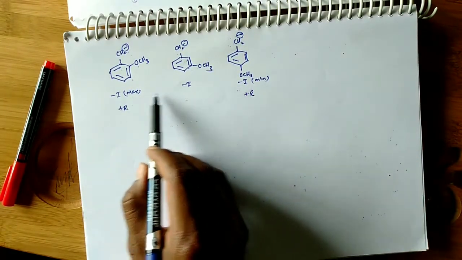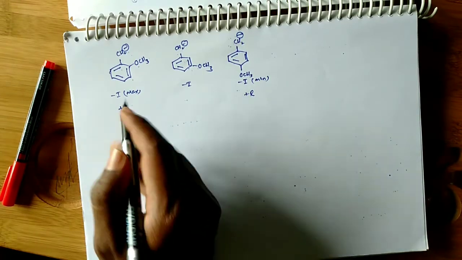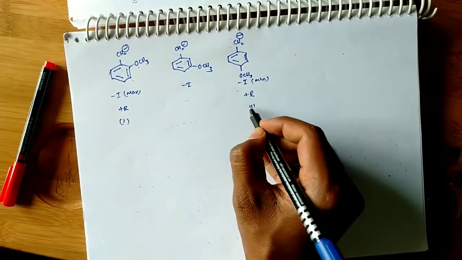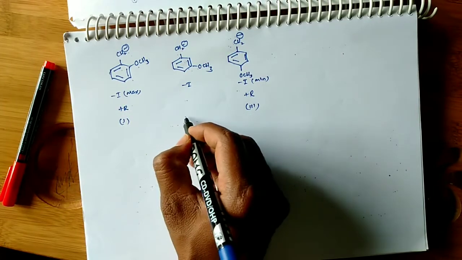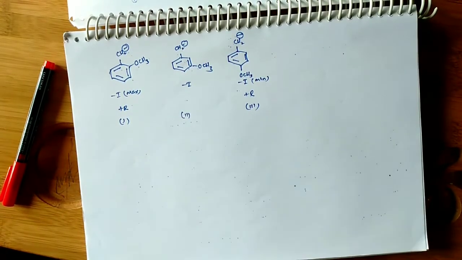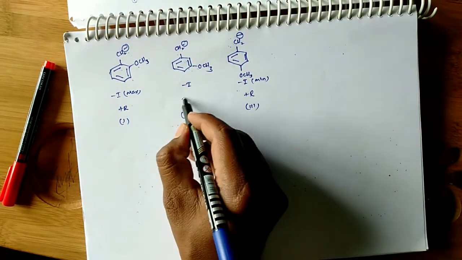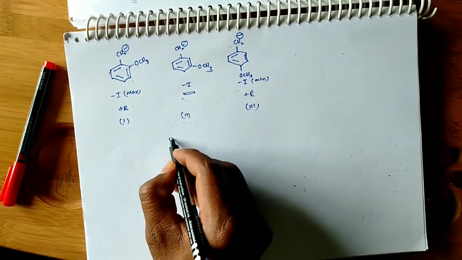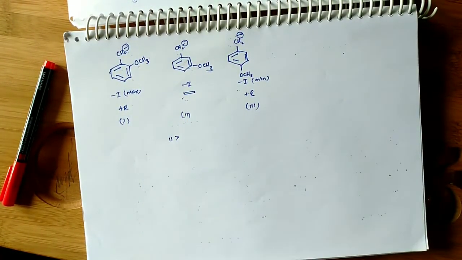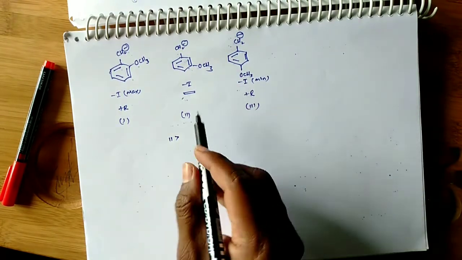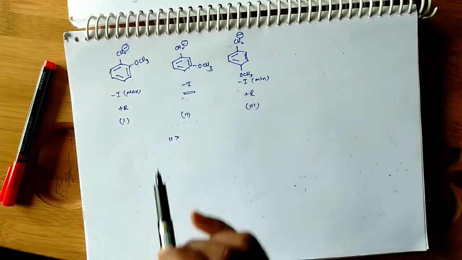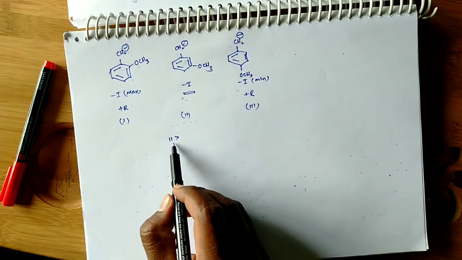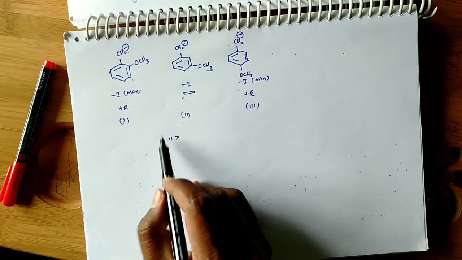So in three cases there is minus I effect, but in the first and third cases there is electron donation, but there is no electron donation in the second case. So the second one must be the most stable, because electron donation will destabilize the carbanion, right? So in the second case this is most stable.